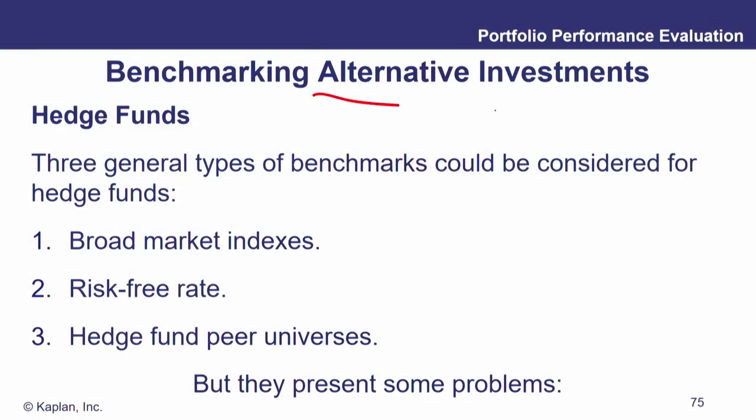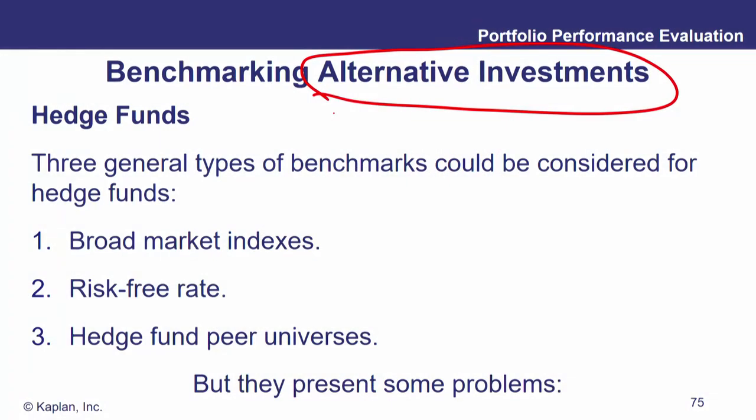So let's talk about some of the difficulties with benchmarking alternative investments. Especially when we're dealing with institutions and we've seen a huge increase in the percentage of portfolios in alts, understanding some of the difficulties is absolutely important and highly testable too.